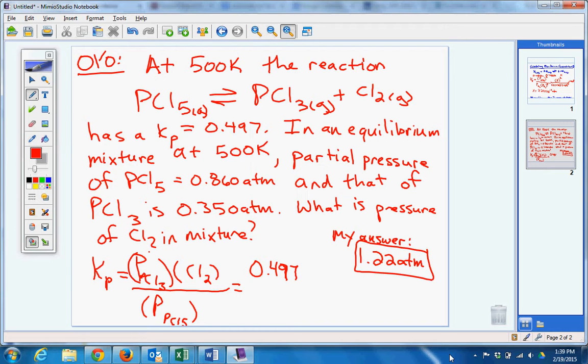All right, if you have a quadratic formula equation in your calculator, be ready to use that, because that's where we're going next.